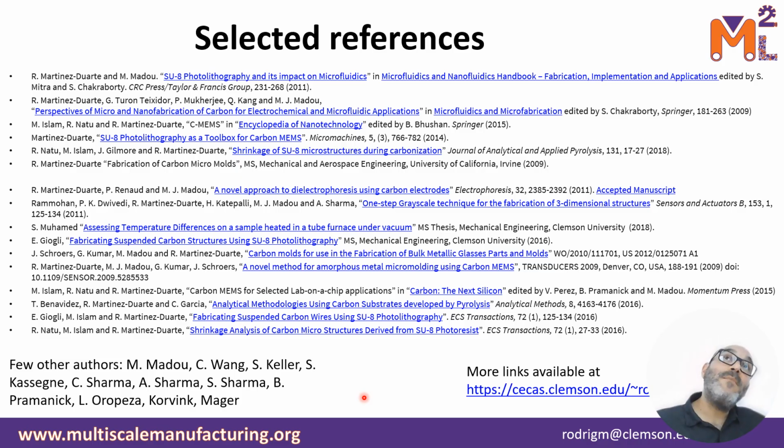Depending on the application, you can have different structures, different dimensions, and also different treatments onto the surface of the carbon, and different colleagues will talk to us about these variations in the process in order to achieve a particular functionality, right?